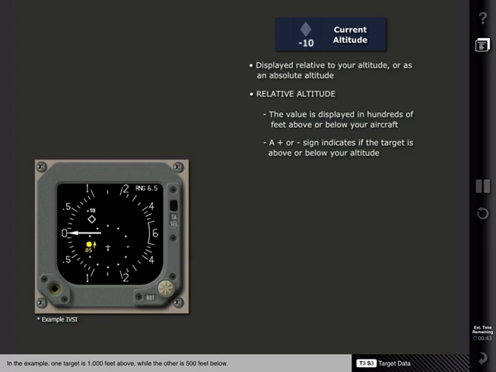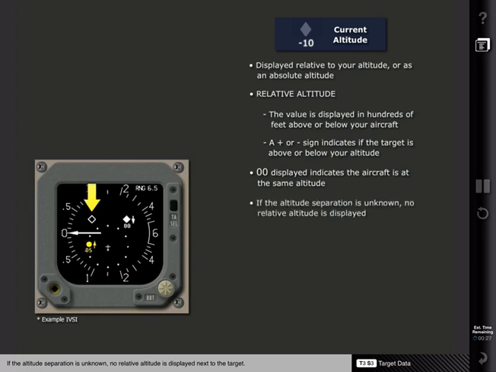In the example, one target is 1,000 feet above, while the other is 500 feet below. A TCAS target with 00 displayed indicates the aircraft is at the same altitude. If the altitude separation is unknown, no relative altitude is displayed next to the target.